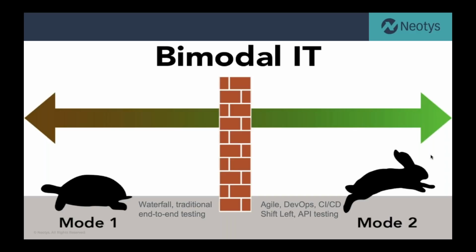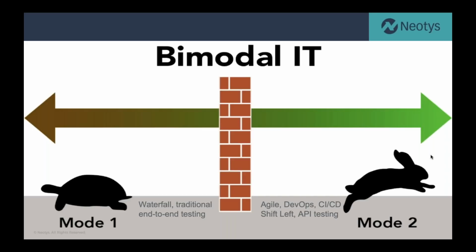It encompasses things like shift left and API testing. And this development approach is more often used for more innovative applications, customer-facing things, how to get to market more quickly and be more competitive against your consumers. So what's important about this approach, this terminology and this way of looking at the world is that Neodis is very aware that these are two different approaches that are both important and are both going to be around for a long time.